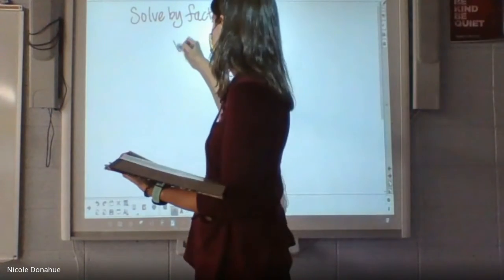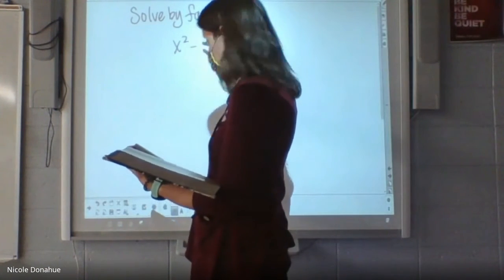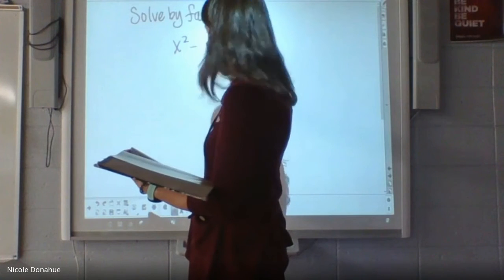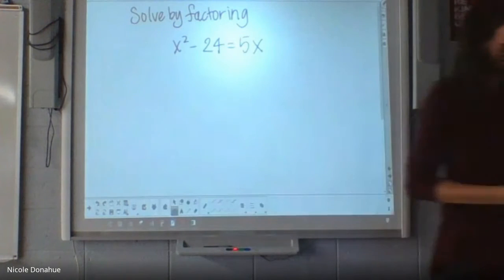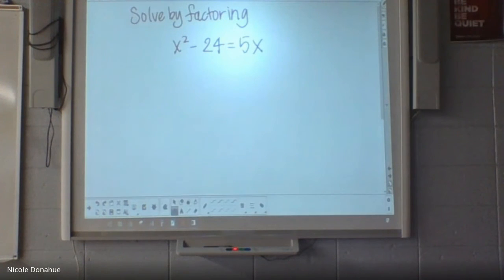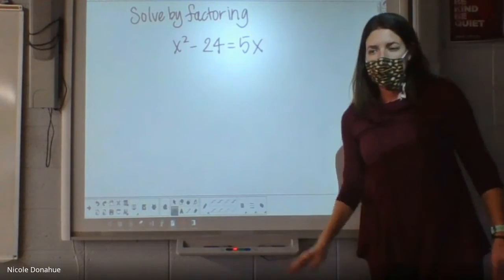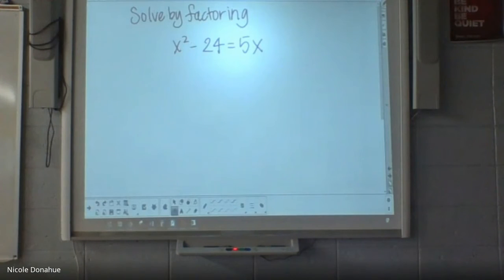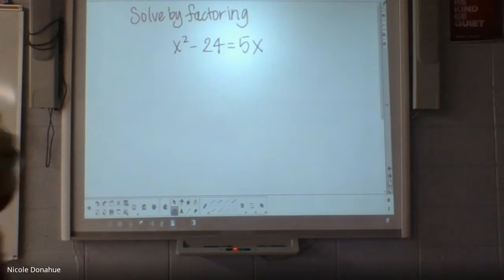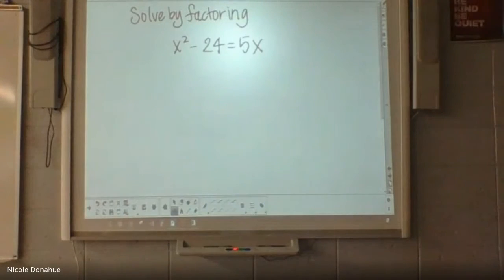Okay, don't forget the first step, it needs to equal 0 first. I want you guys to solve by factoring. Make it equal 0 first. And then determine what type of factoring we should be using. So looking at your sheet, if you need help, I'd be glad to point you in the right direction.